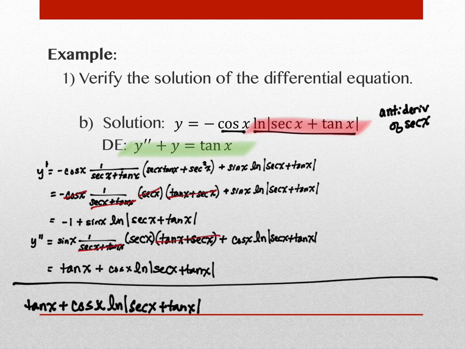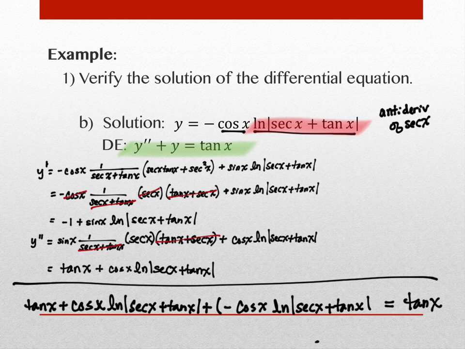And then I have plus the original values that I was given, right? So I was given negative cosine of x times the natural log of the absolute value of secant of x plus tangent of x. And I want to show that this is equal to tangent of x. What do you notice?